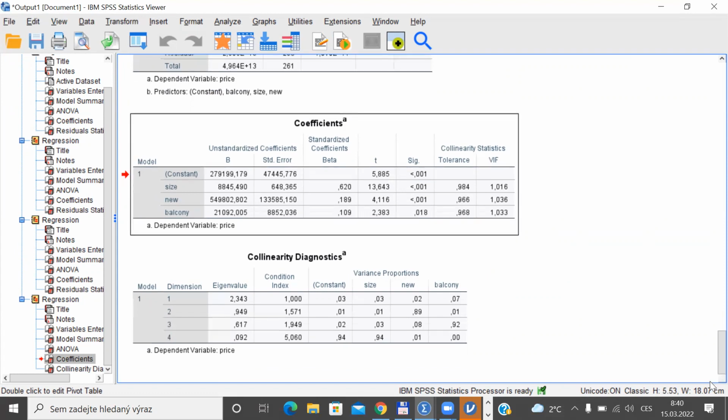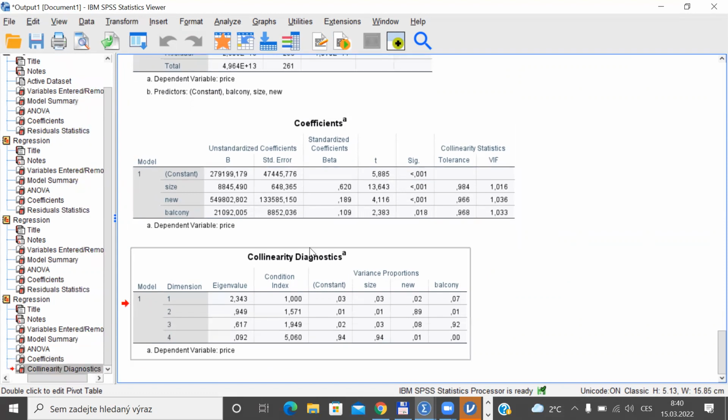And if I go down, this is a new table, which is not present in the Jamovi as well as in the CHESS environments. It is called simply collinearity diagnostics. And for us, the most important result can be found in the column which is called condition index. And we are interested in the last value, which is 5 here.